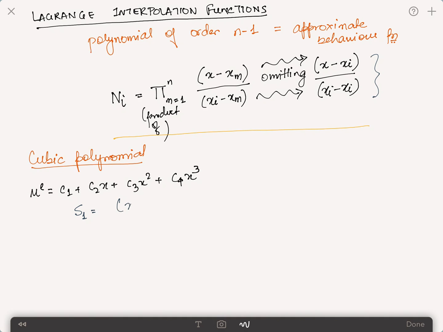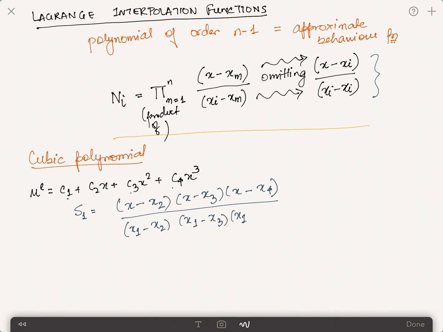So m is equal to 1, 2, 3, 4 in this case because you have c1, c2, c3, c4. Then I will omit x1, so I will start with x minus x2, x minus x3, x minus x4, divided by x1 minus x2, x1 minus x3, x1 minus x4.